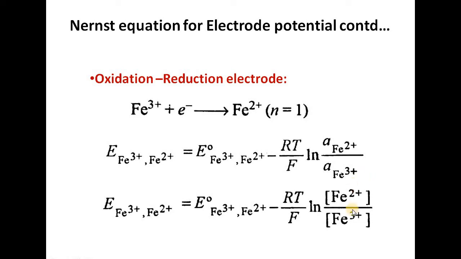And in terms of molar concentration, if we consider a dilute solution, the expression will be this, where the electrode potential of this ferric ferrous ion electrode would be equal to standard electrode potential minus RT by F log natural molar concentration of ferrous ion divided by molar concentration of ferric ion.